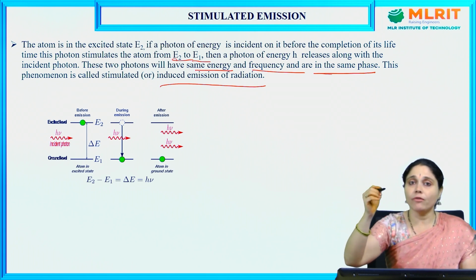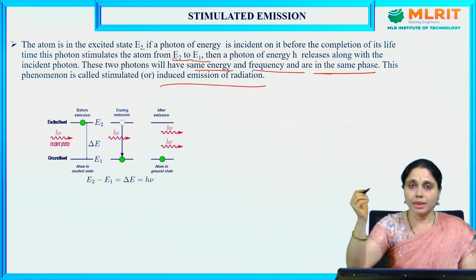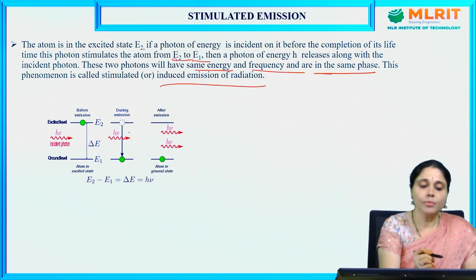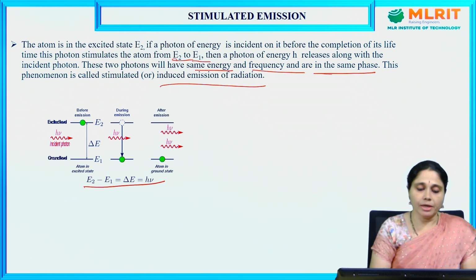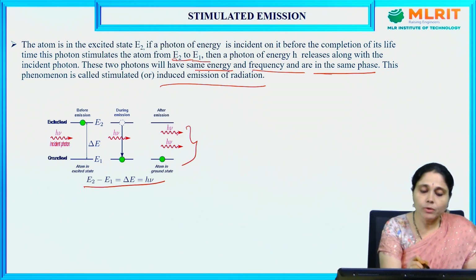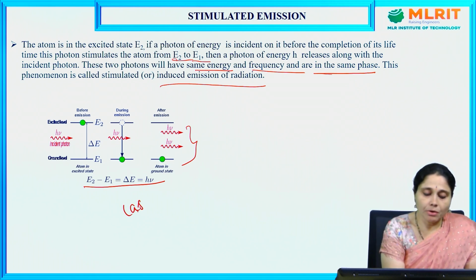If that atom is provided with a photon of energy, it releases energy and comes to the ground state. This is known as stimulated emission of radiation. Finally, we have two photons having the same energy, same frequency and coherent with each other, so the laser will be produced in this manner.